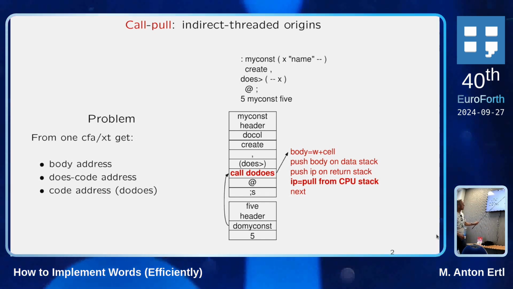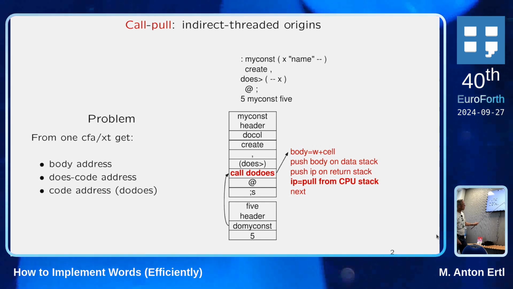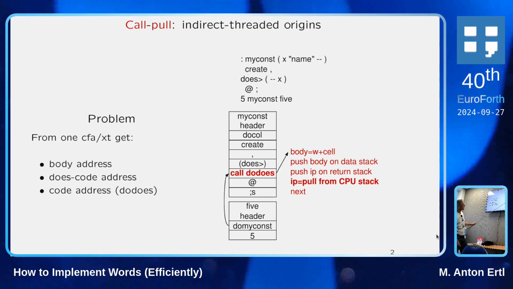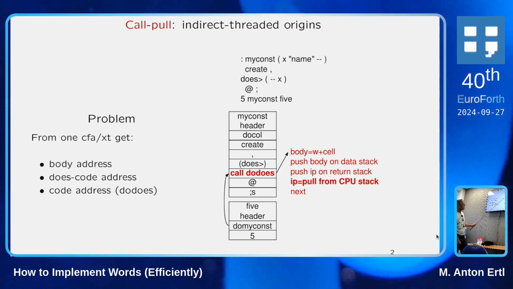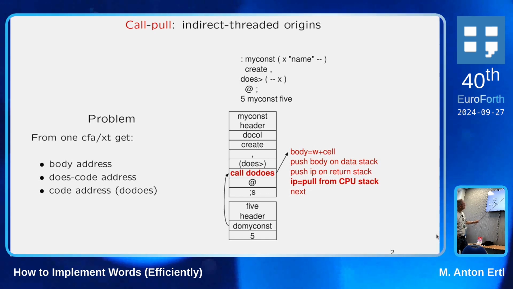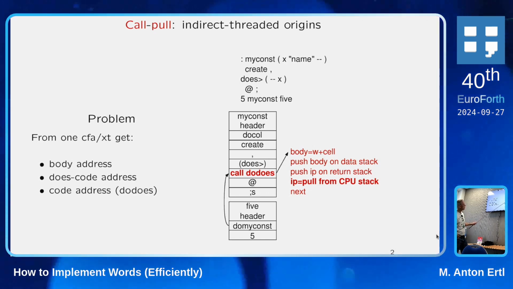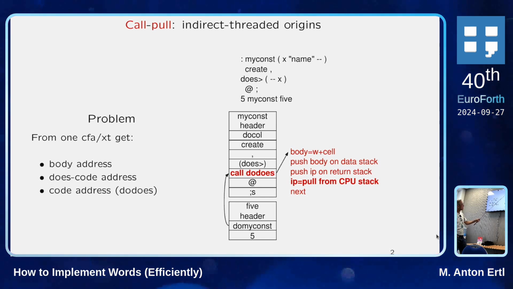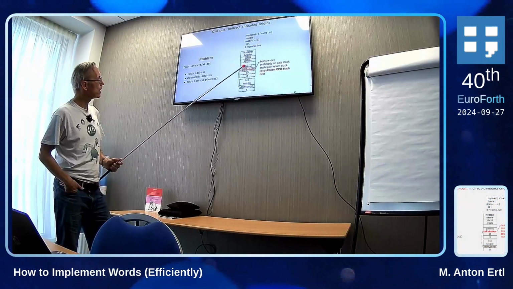So we have here myconst with its header, and it has a code field address that contains docall, and then we have the threaded code for create, comma, and parendas. And after that, we have some native code, and I'll come into that yet. And then we have the threaded code for fetch and the exit, coming from the semicolon here.